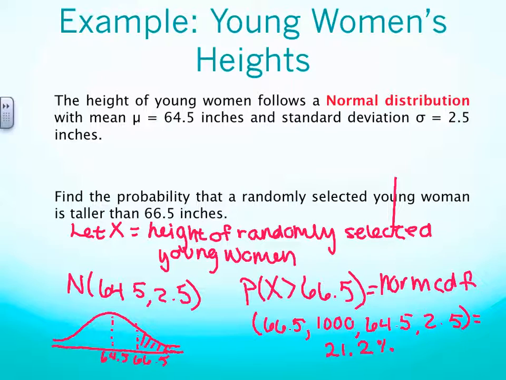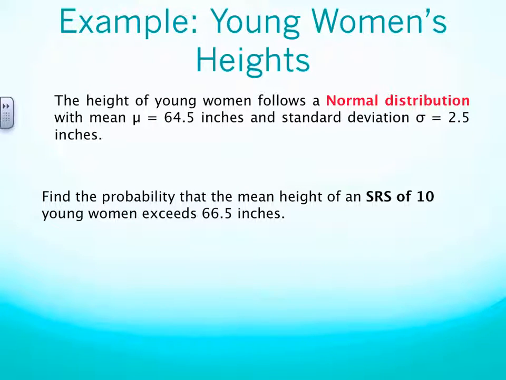Now let's take a look when we have a simple random sample of that population. The same holds true for the height, but now we want to find the probability that the mean height of an SRS of 10 women would exceed 66.5 inches, so it's a sample mean. One thing that's not going to change is the mean.